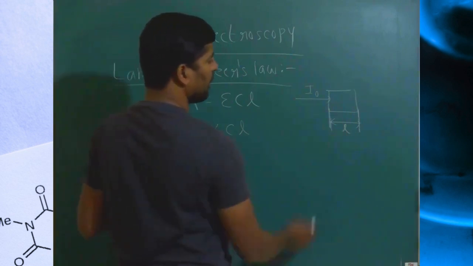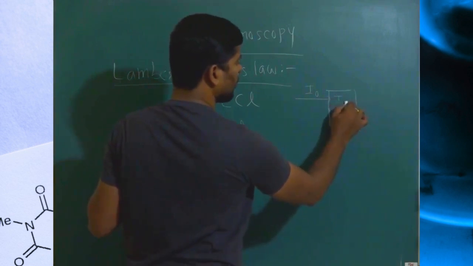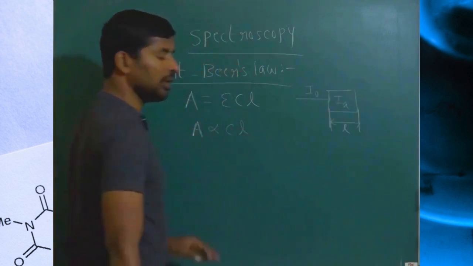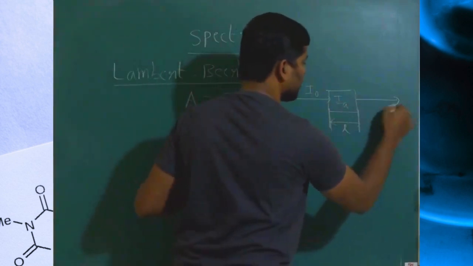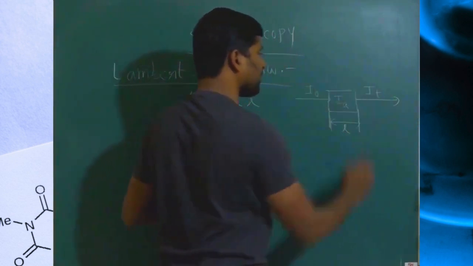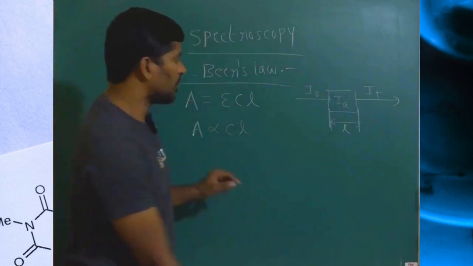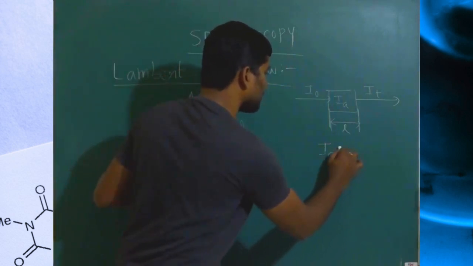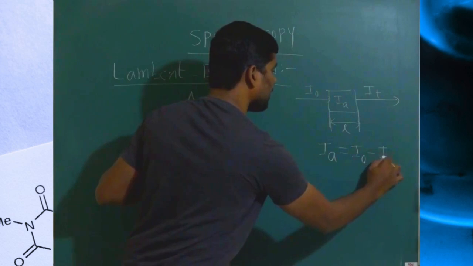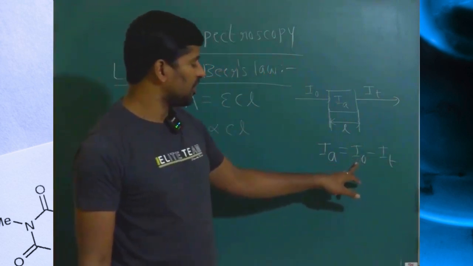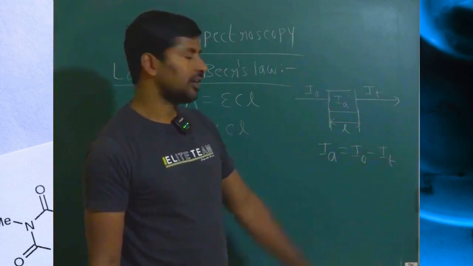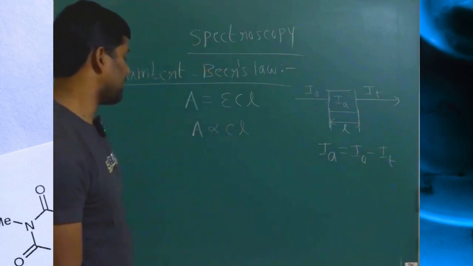Some amount of radiation is absorbed by the sample, IA, and the remaining is transmitted, IT. So IA is I0 minus IT: the intensity of radiation absorbed is the incident intensity minus the transmitted intensity.